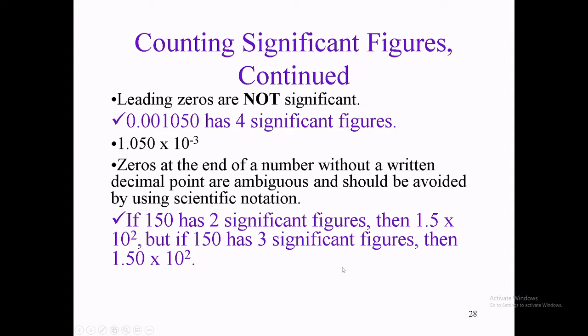Now, one way of working around this, that is consistent with everything else that we've said but not fully adopted yet, is to write out a number like this when you intend for it to have 3 significant digits. So you would write 150 and then place a decimal point here, and that would indicate that this 0 is significant, whereas if we wrote it as 150 without it, we would be saying that this 0 is not significant.